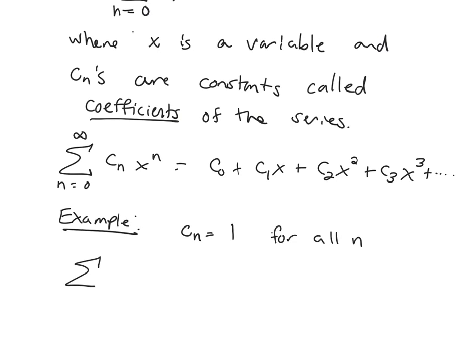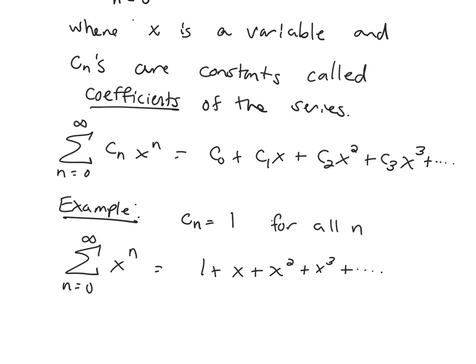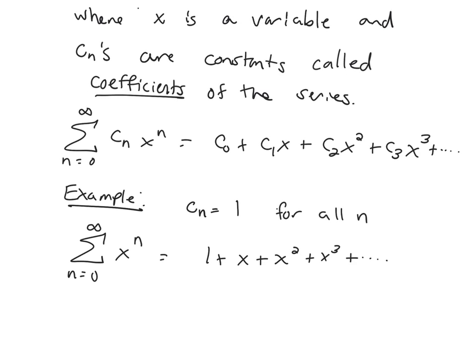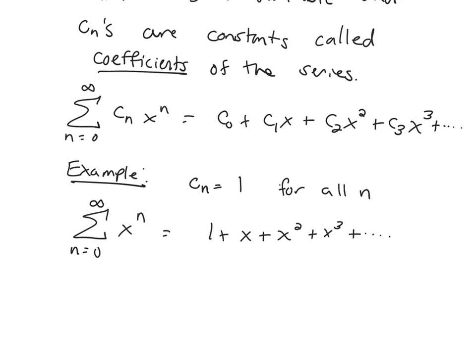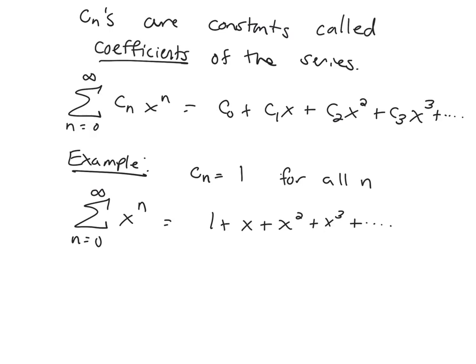So now the series I'm looking at is really just x to the n, which is 1 plus x squared plus x cubed, and so forth. And x is just a variable.